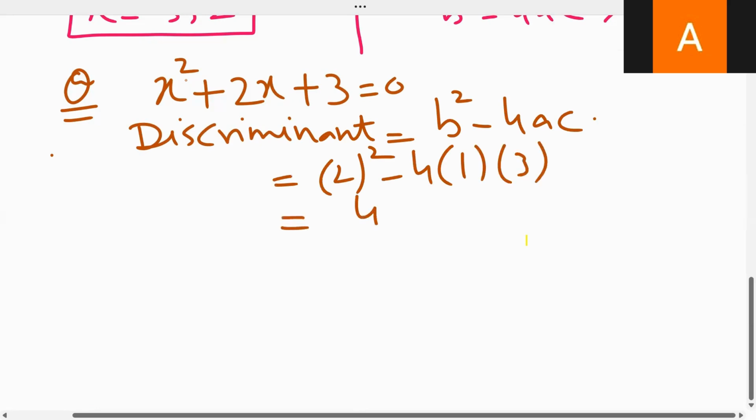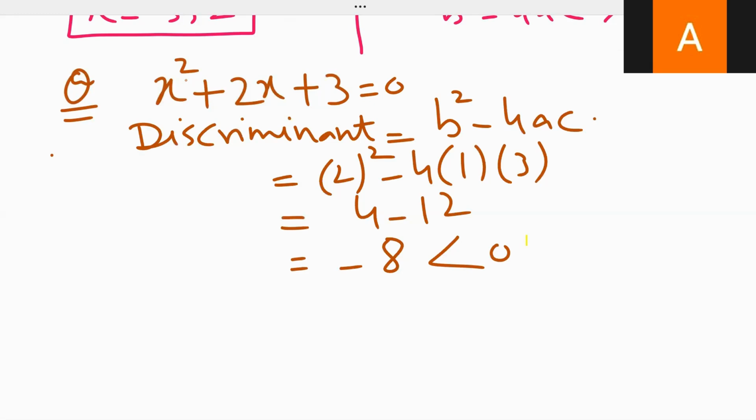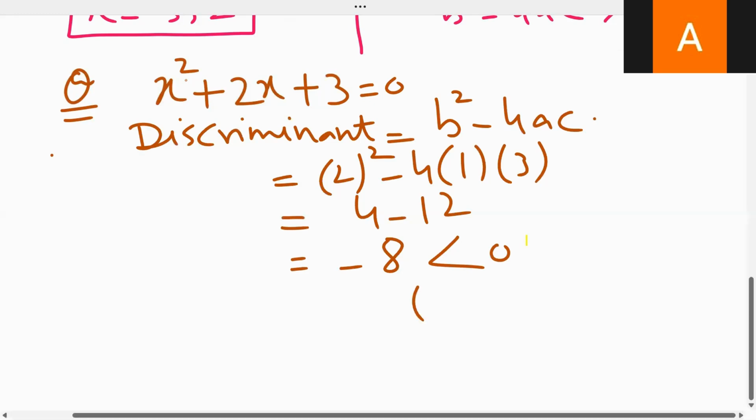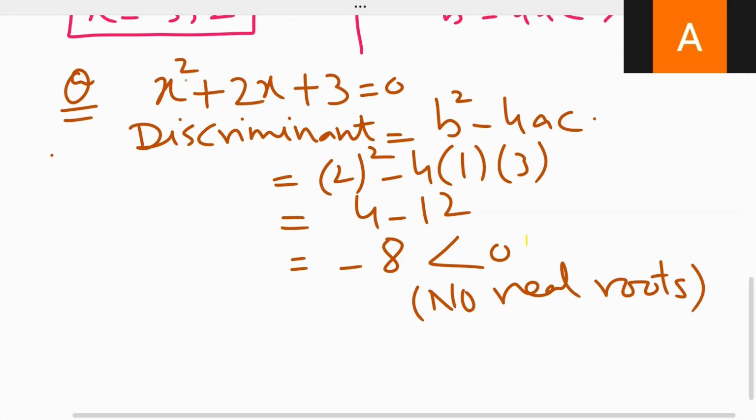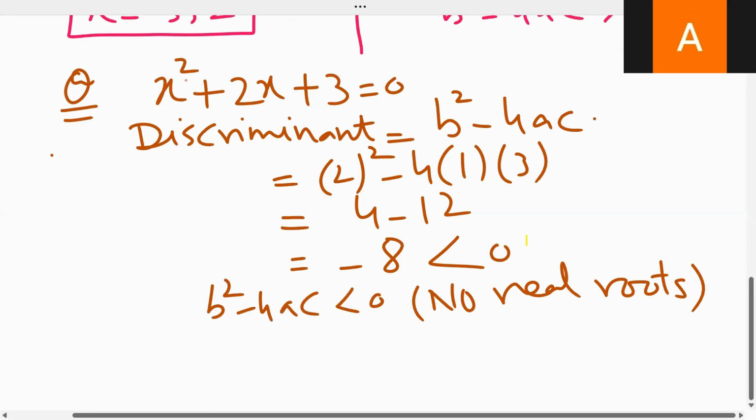This is 4 minus 12, which is minus 8, and this is less than 0. Whenever you get a negative number, it shows that the equation has no real roots, because you are unable to solve a negative number inside a root. So the second condition for identification of nature of roots is if b square minus 4ac is less than 0.